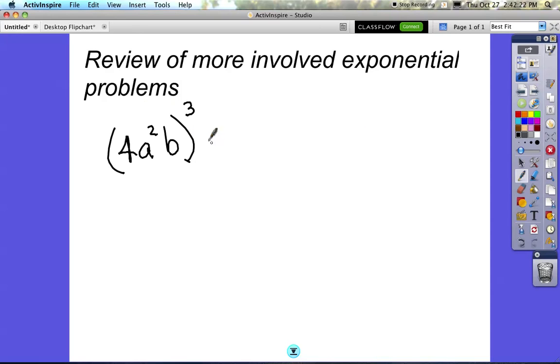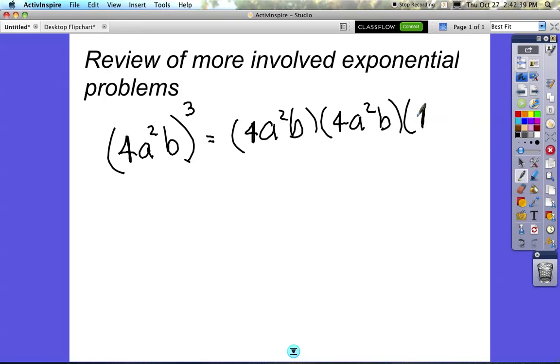Okay, so you have multiple methods. If this is not too large, you can take the base and write it out as many times as the exponent tells you, and multiply. If it's too large, you may want to revert to method number 2. 4 times 4 is 16 times another 4 is 64.